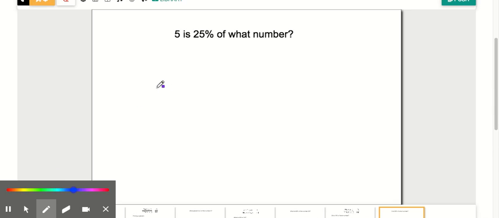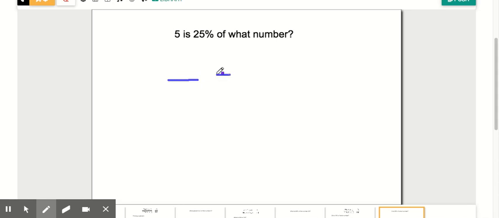All right. Hopefully you were confident, and by now you've worked this proportion enough times that you're really getting this well. Again, I always look for that percent because I can just do 25 over 100.